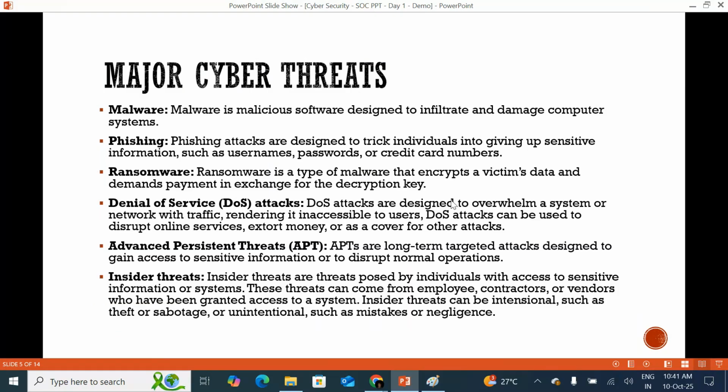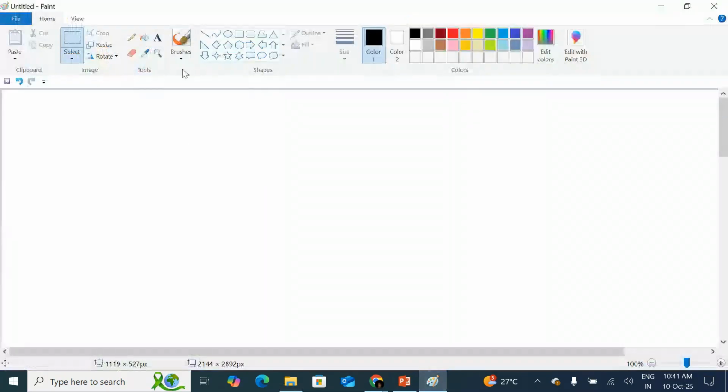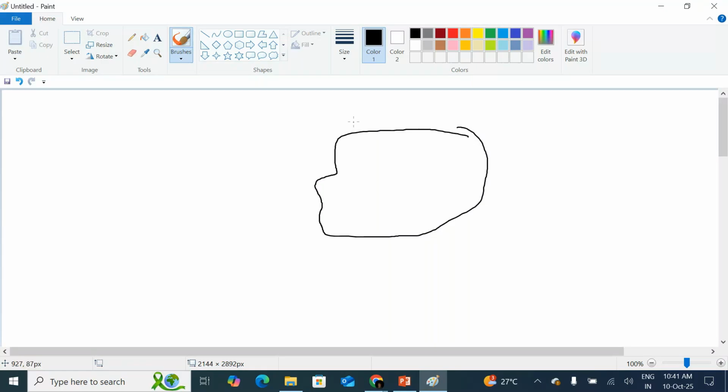Next, denial of service. Denial of service means DOS attack, one of the best, most important attacks. What does DOS attack mean? Let's say, for example, there is a website, Indian Airlines. All people are booking tickets on this airline, so multiple users are trying to access this website to book tickets.